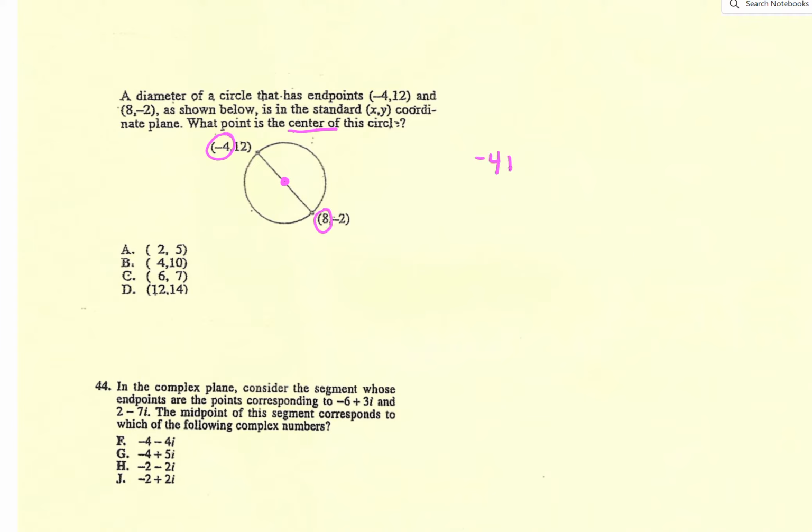So -4 plus 8, divide that by 2. And then we'll take the two y's and add those up and divide by 2. Negative 4 plus 8 is 4 over 2, which is 2. So my answer is A, and I don't need to waste any time finding the other.